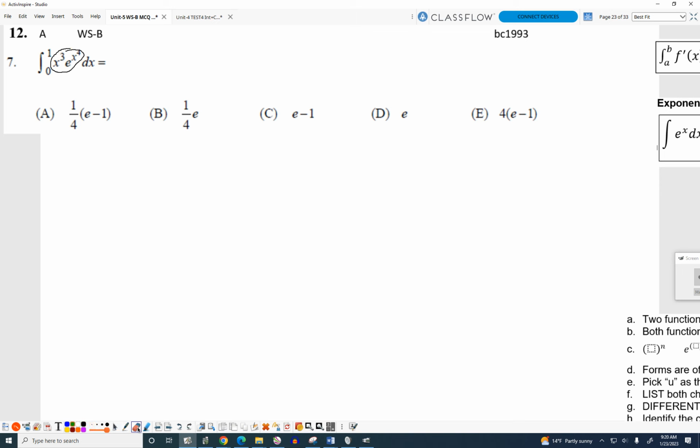So we're trying to find the antiderivative of this item right here that I'm now circling in black. Once we have that antiderivative, we can plug into it the two limits, and then we can find the value of the integral. So we're using the fundamental theorem right here.